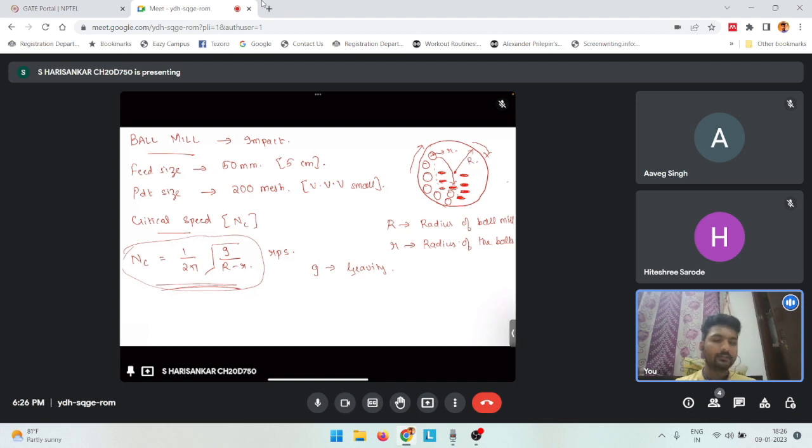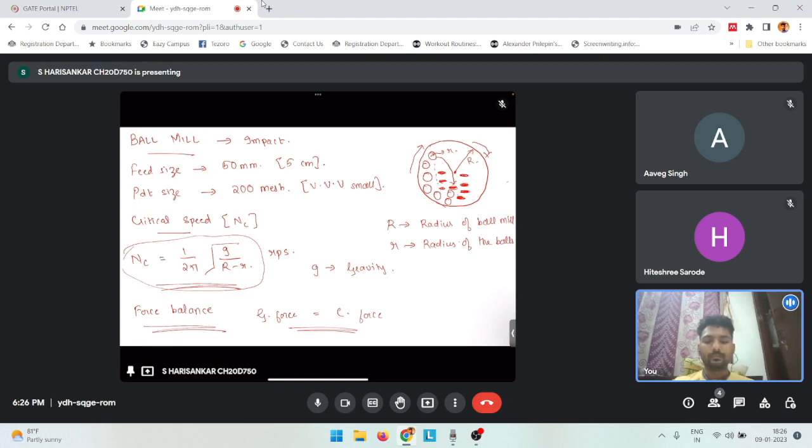And how we arrived at this equation? It is by force balance. We'll do this exact force balance in detail using one of the previous year GATE questions. But using the force balance, the gravitational force is equal to the centrifugal force.